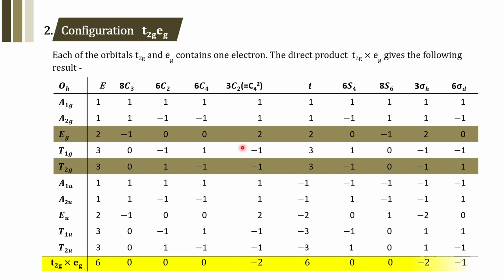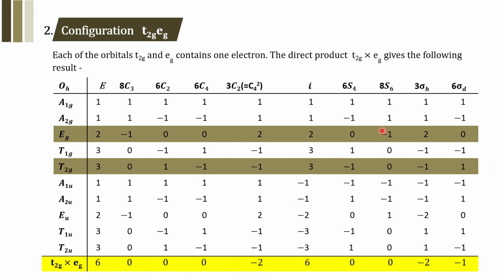We have seen that the Eg and T2g lines are mentioned in the character table, and we simply have to go for the direct product of these representations. So 3 into 2 is 6, 0 into minus 1 becomes 0, 0 into 1 becomes 0, minus 1 into 0 becomes 0, and so on. If we keep on multiplying the two terms, we get for t2g into eg the values 6, 0, and so on.